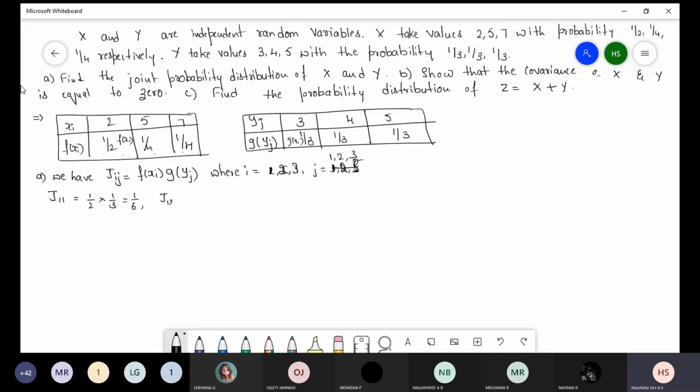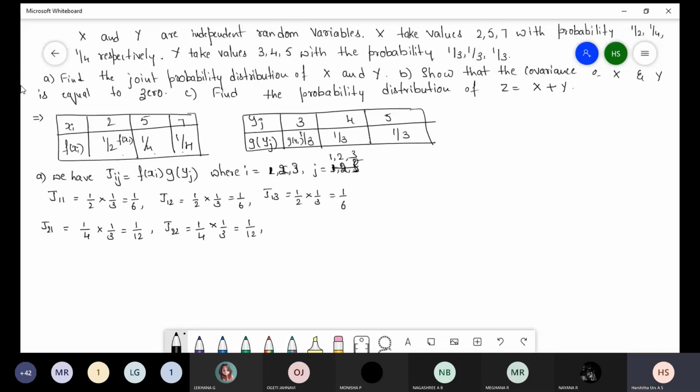Next, j12, 1 by 2 into 1 by 3, again 1 by 6. j13, 1 by 2 into 1 by 3 is 1 by 6. j21, i is equal to 2, j is equal to 1. So 1 by 4 into 1 by 3, that is 1 by 12. j22, i is equal to 2, j is equal to 2, f of 2 into g of y2, 1 by 4 into 1 by 3.